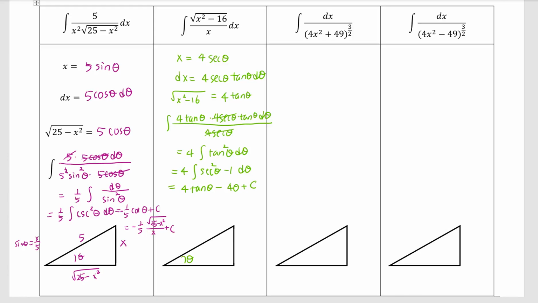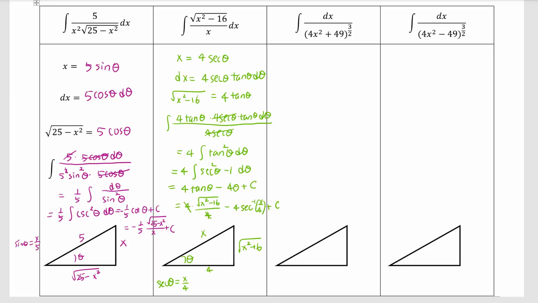So here we have secant theta equals x over 4. Secant is hypotenuse over adjacent, right? So tangent is then opposite over adjacent. And then theta is arcsecant of x over 4, plus c. And this 4 cancels. So far, so good, everybody?